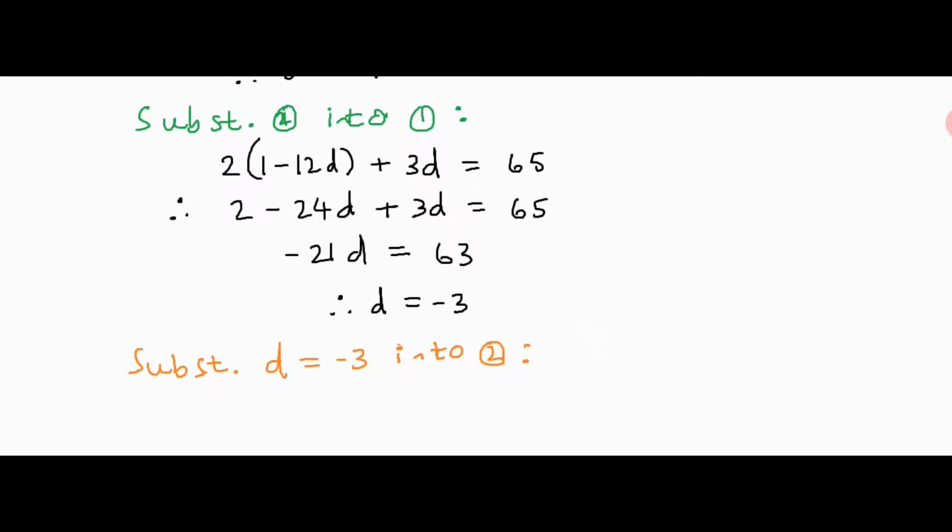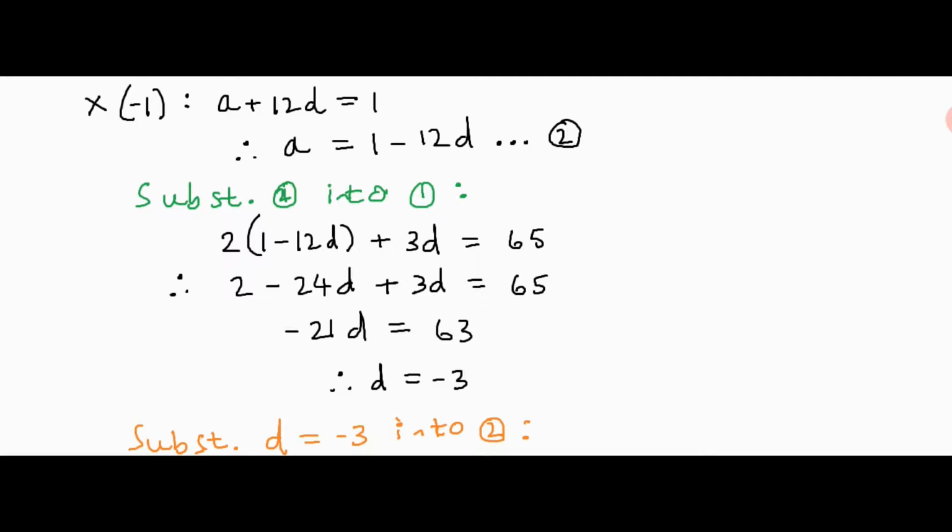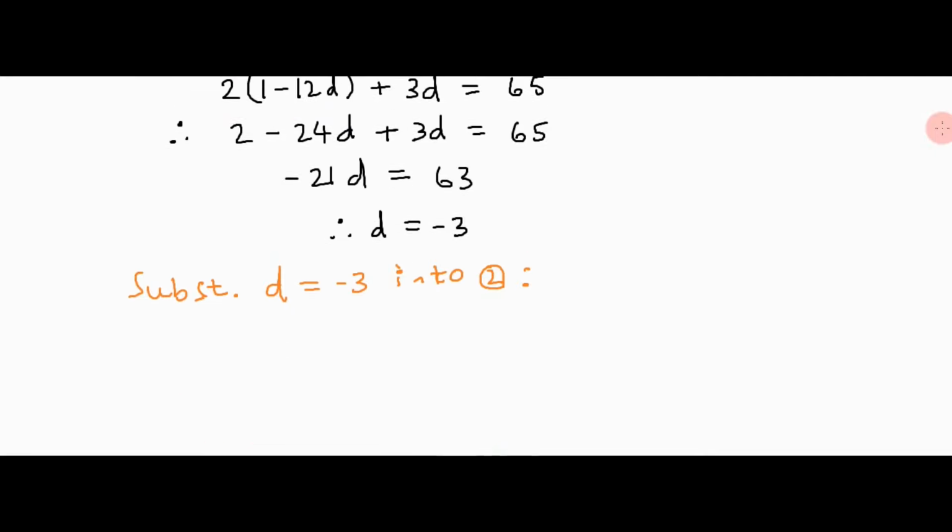And of course, equation 2 is 1 minus 12d. So a then equals 1 minus 12 times negative 3, which is 1 plus 36, which is 37. So we have the values of a and d.